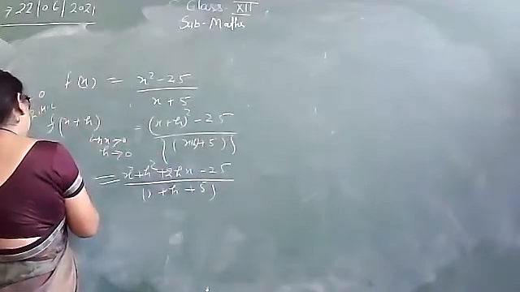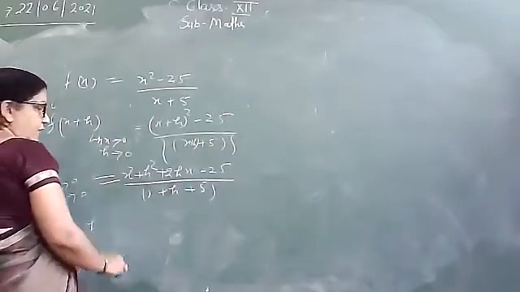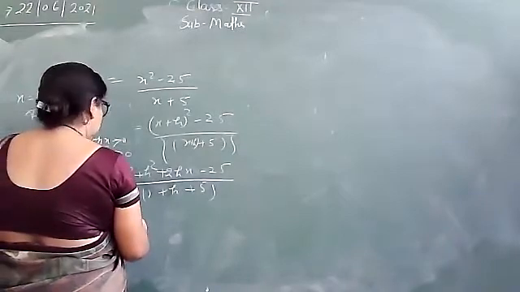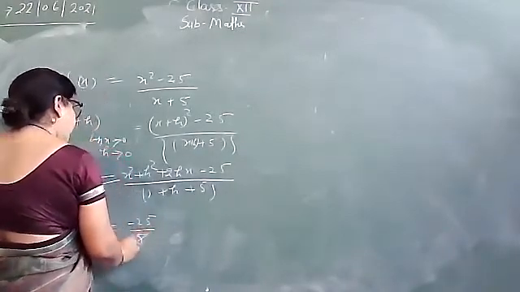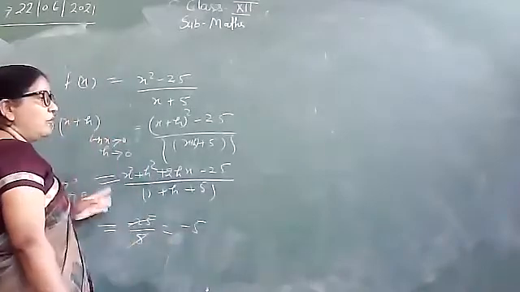Limit x tends to 0. When we put the value, we get minus 25 upon 5. There is minus 5. RHL equal to minus 5.